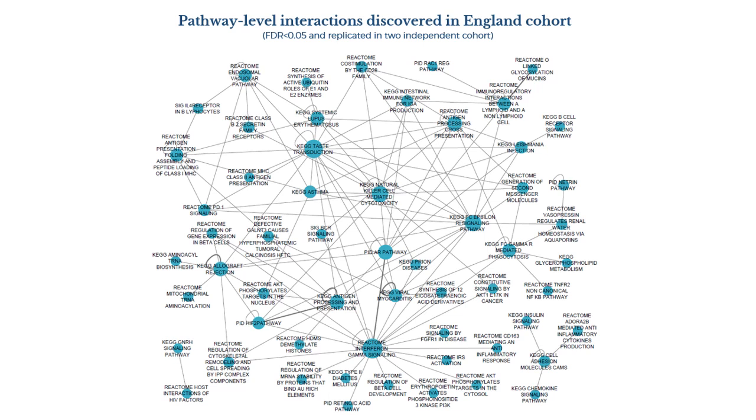At FDR cutoff 0.05, we discovered about 300 between-pathway interactions and 30 within-pathway interactions. We report pathway interactions that can be replicated in both Scotland and Wales cohorts. All these interactions are linked to increased COVID-19 severity.